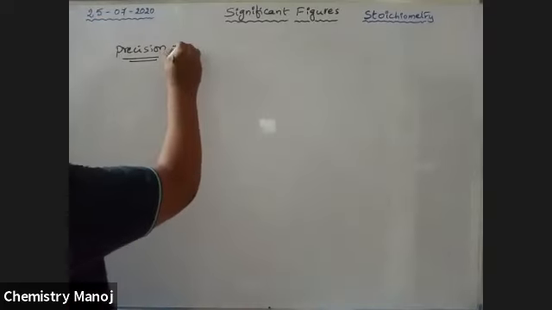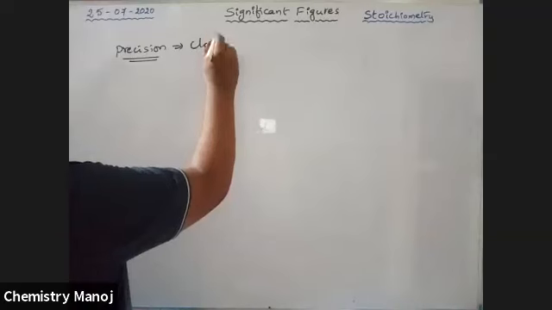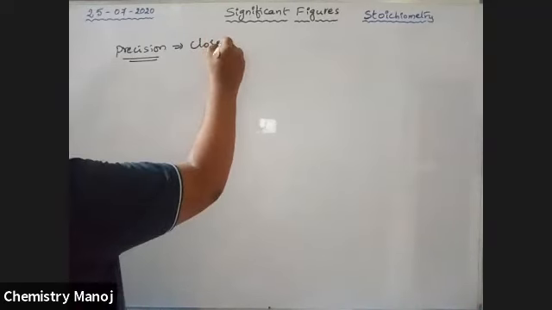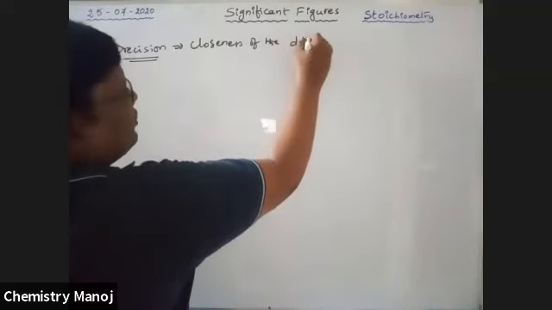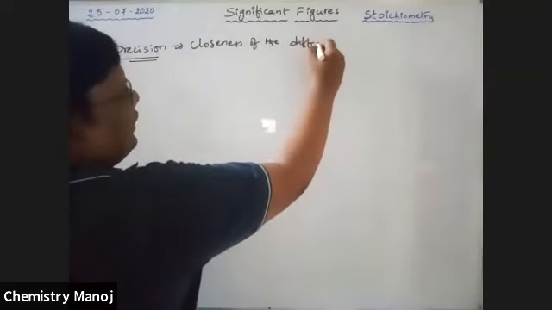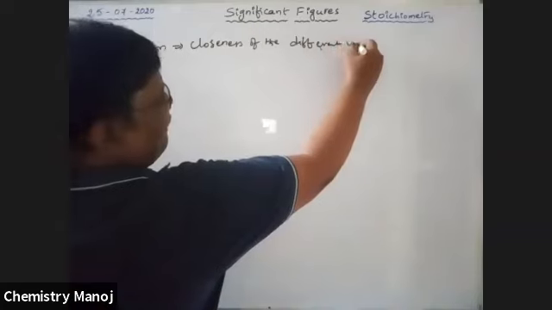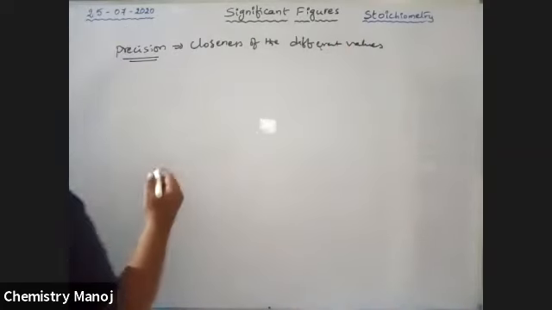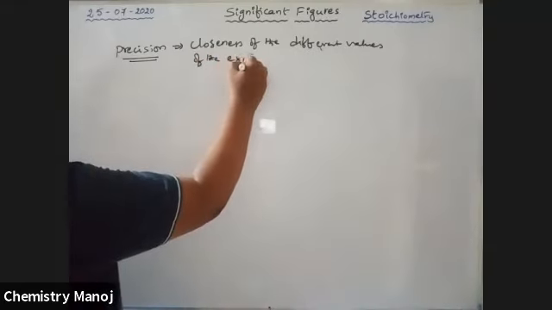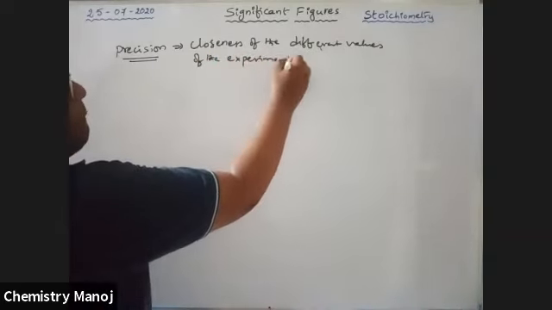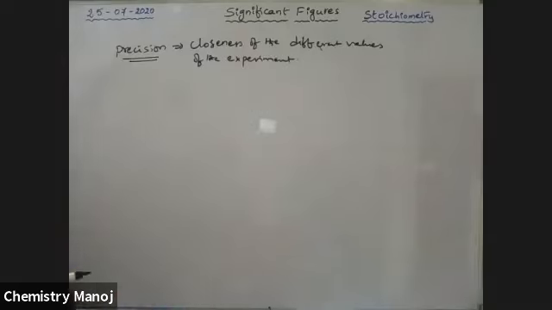That is nothing but closeness of the different values of the experiment. I will explain with an example. Please wait.